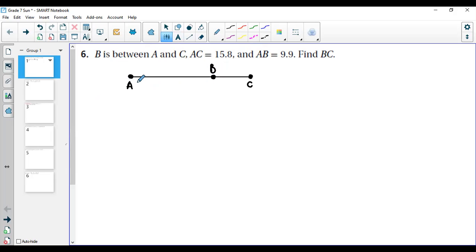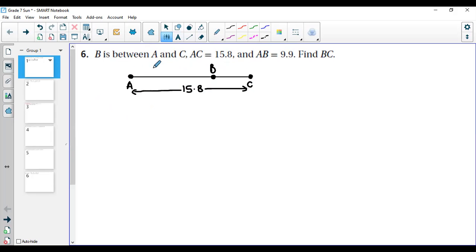AC is 15.8. So the length from A to C, the whole length of the line, is 15.8. It's always better to draw because our brain tends to understand pictures more than words or listening. So 15.8. And AB is 9.9.